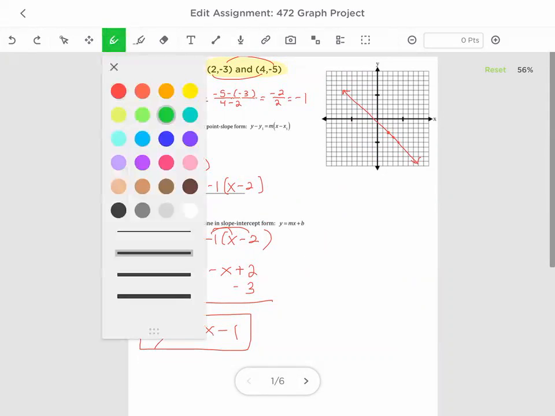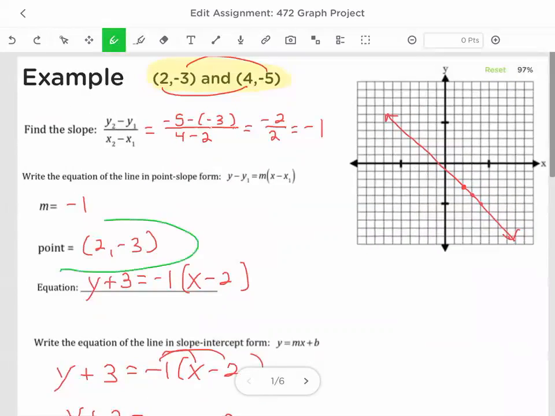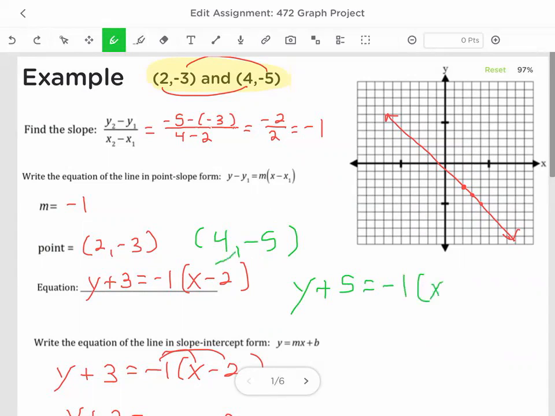All right, just to quickly show you guys that I told you, you could choose either point. If you chose the other point, 4, -5, that's okay. Your equation then would look like this in green. It would be y minus -5, which is y plus 5, equals your slope of -1 times x minus 4.